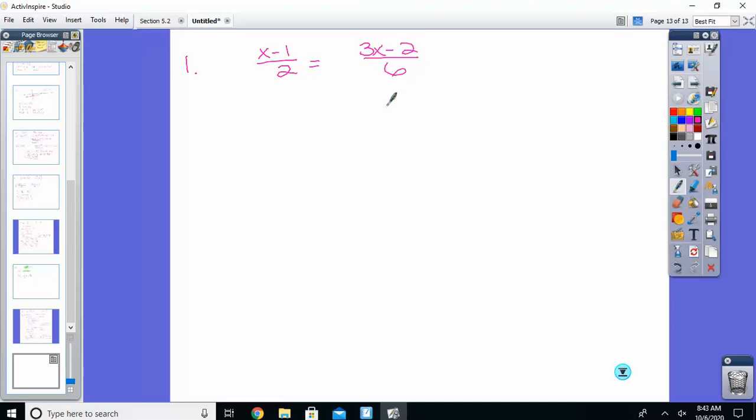So problem 1. There are like 3 different options for how to solve this equation. Give me one option. Okay, you could get rid of your fractions. Take both sides times 6. That would work.